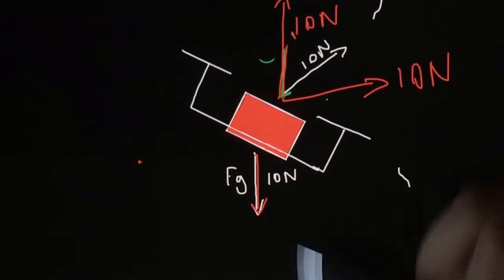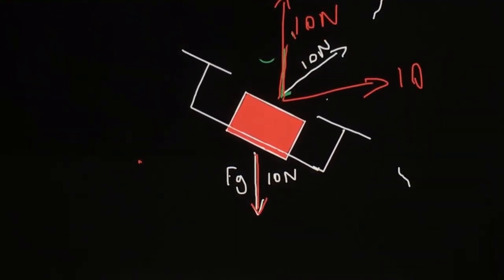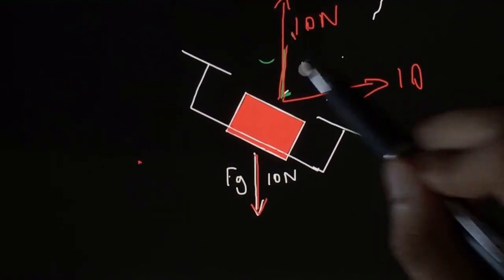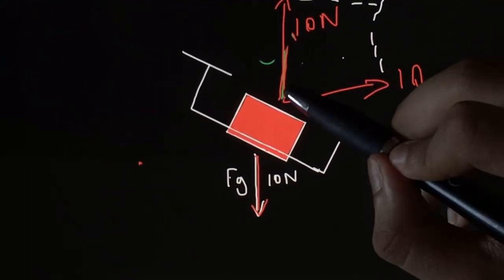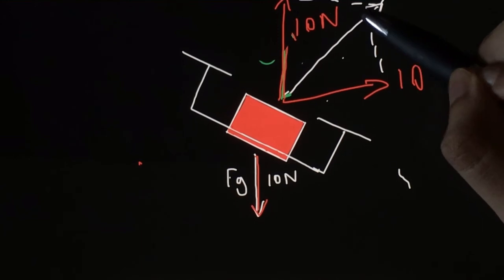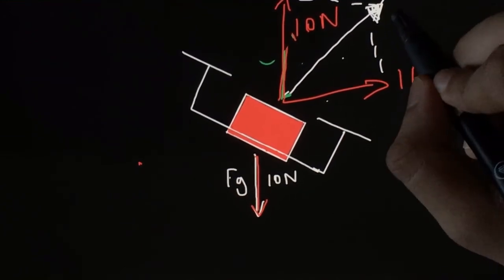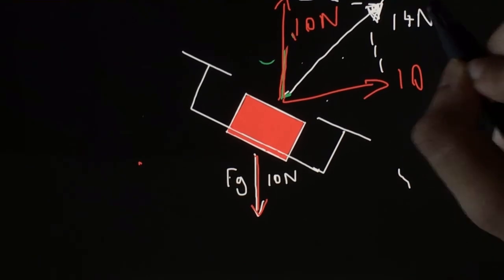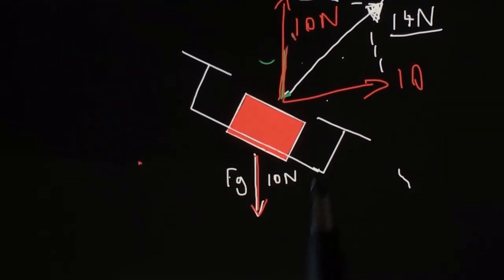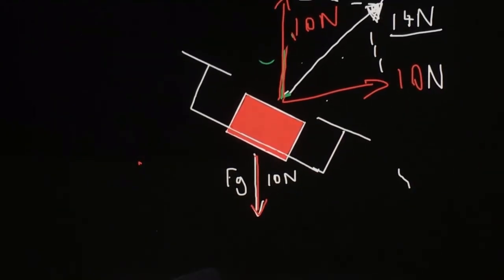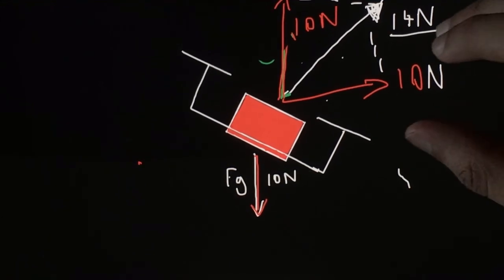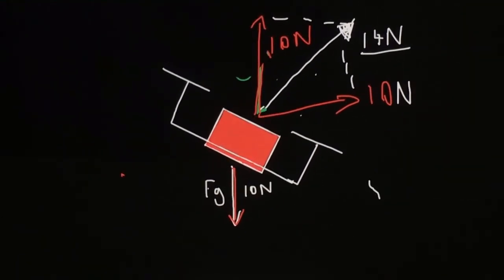Now we need to find out what the resultant vector is. What do we do to find that? Extend the line. We now have a new resultant, which would be 14 newtons. So now you know that the drone is stable in its position while going right, and it's not going up or down, it's just going to the right at a 45-degree angle.